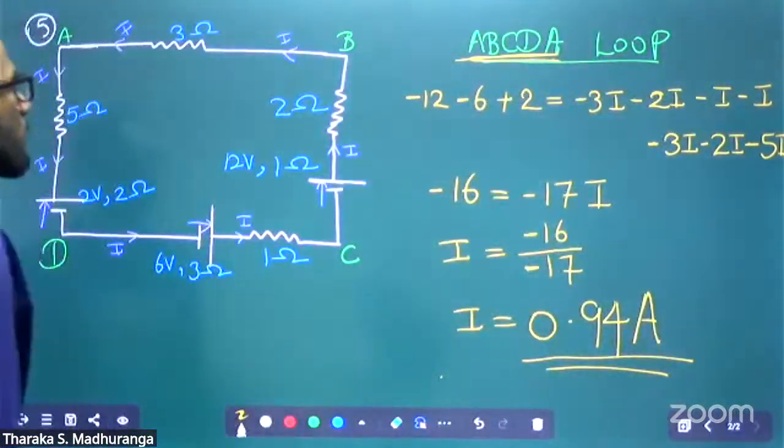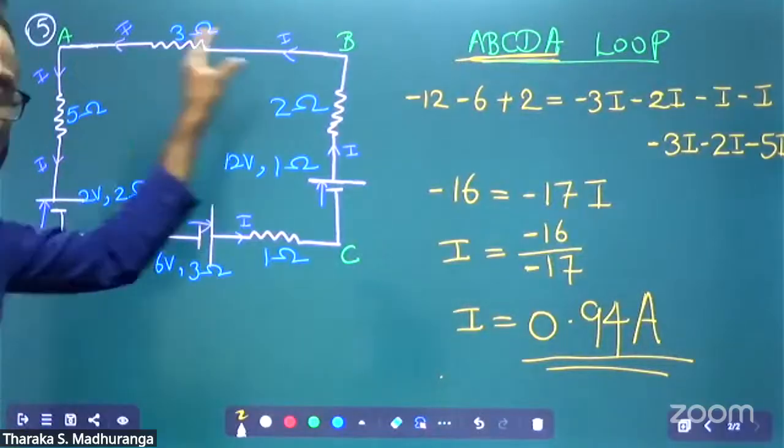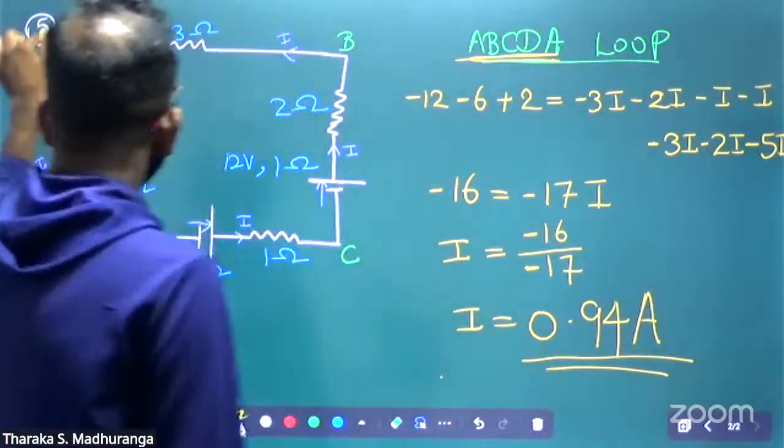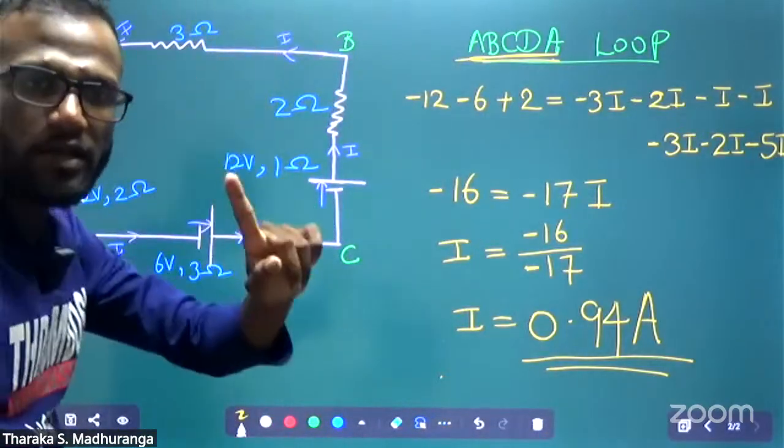Then it balances. Again, you need to go through the loop coordinate. Now A to B, there is one resistance.